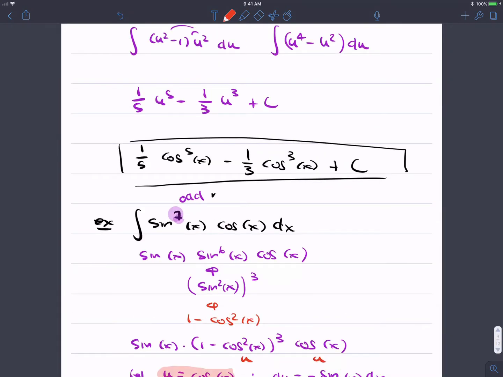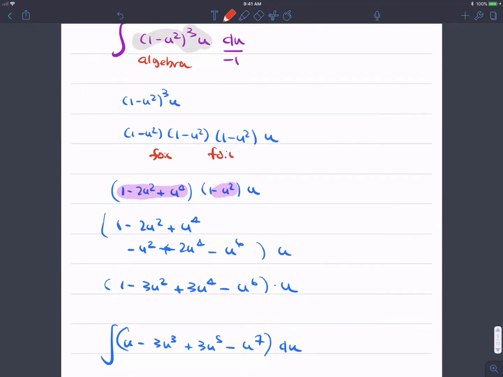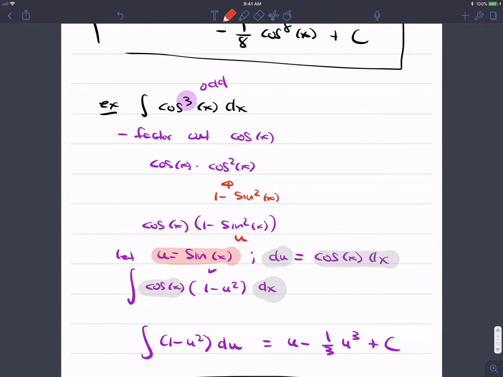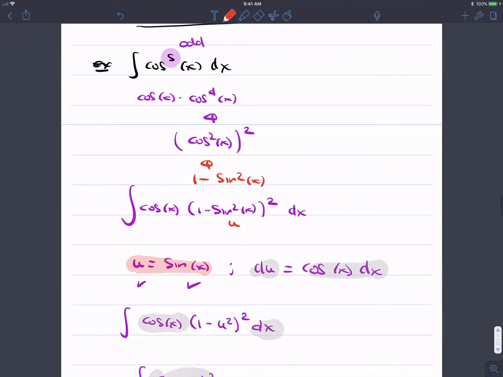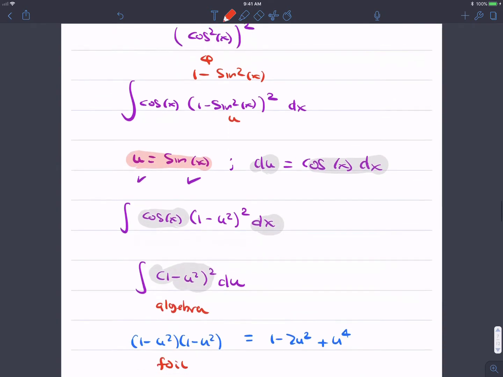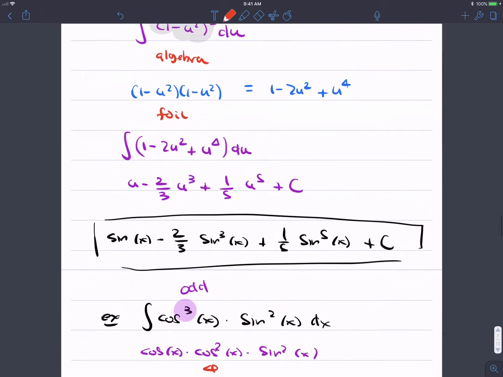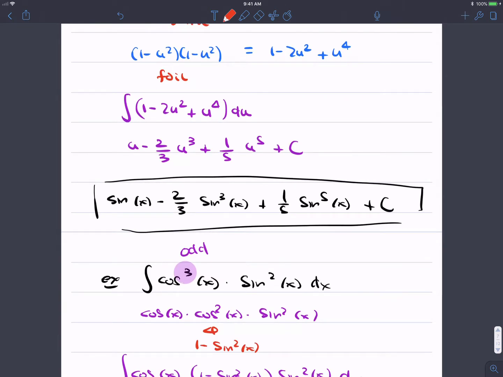We need a cosine to the 5th power. There we go. Cosine of the 5th power. This is what we're looking for. We integrated this problem already, and we found, wow, it's sine minus 2/3 sine cubed plus 1/5 sine of the 5th power x plus c.